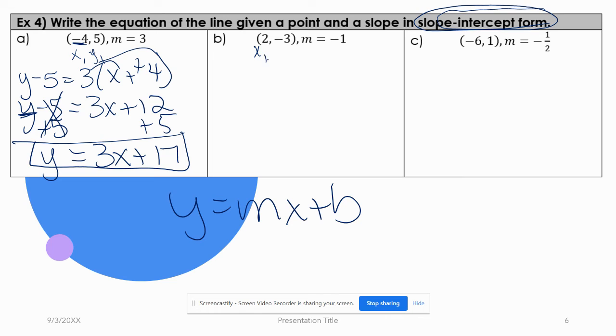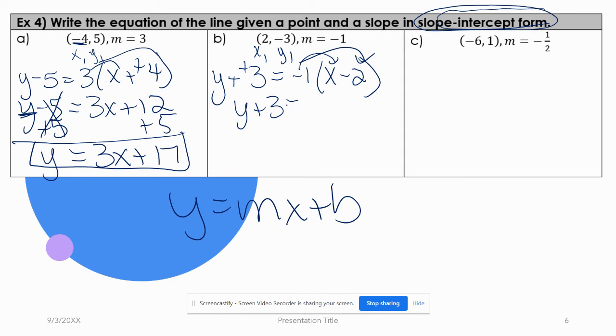For letter B, again, we have x1, y1. Y minus negative 3 is equal to negative 1 times x minus 2. I'm going to distribute that negative 1 and add the opposite here. We have y plus 3 is equal to negative 1x.